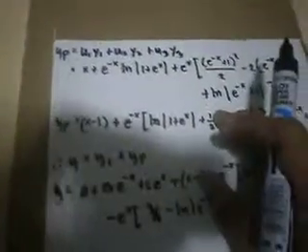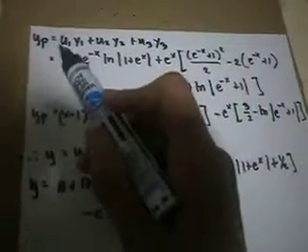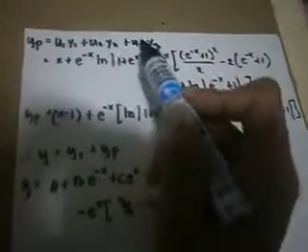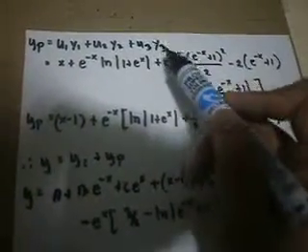Next, we need to arrange our yp. I said a while ago that our yp is equal to this formula: u1 times y1 plus u2 times y2 plus u3 times y3.